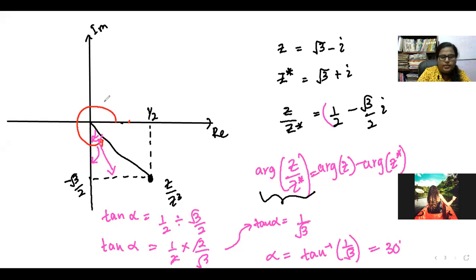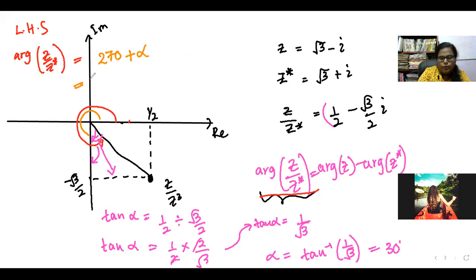So what is the arg value of this one now? You know that we want to find the left hand side of this formula, right? Arg of z over z star, so it is equal to this angle, this red color angle. That means you have to add this alpha to this angle, right? This is 270 degrees, 90 into 3. So it is 270 plus alpha, right?